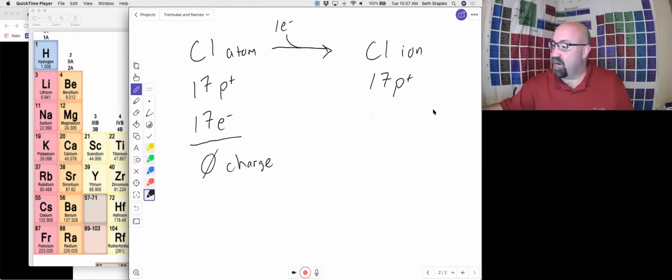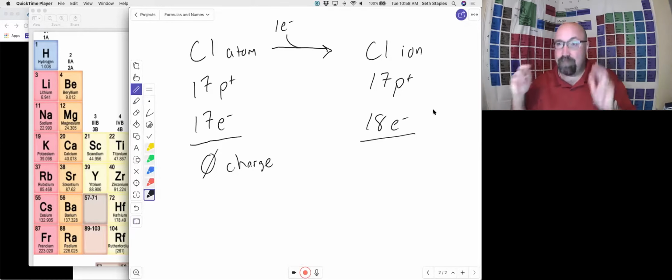But now we've gained an electron. Now we've got 18 electrons in there. So we have an additional negative charge compared to our positive charges. We have one minus charge left over when we've used up, so to speak, all of our positives. So a chlorine ion has a charge of 1 minus.